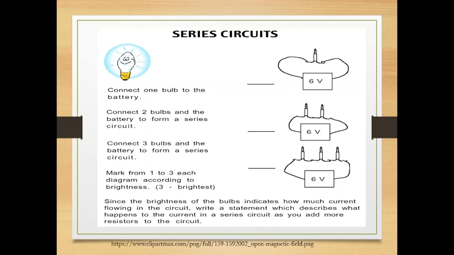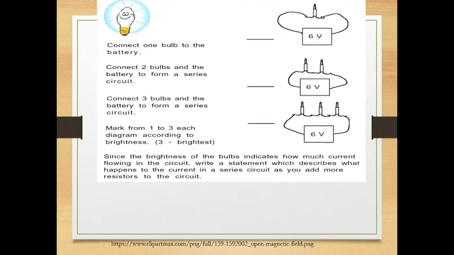Since the brightness of the bulb indicates how much current is flowing in the circuit, write a statement which describes what happens to the current in a series circuit as you add more resistors to the circuit. Think about this, please. The right answers are 1 and the second.